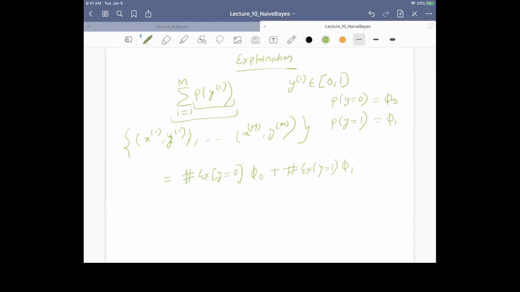Out of this entire data set, suppose m is equal to 100, and the number of instances with label 0 is 60 and the number with label 1 is 40. In this sum, I will have 60 terms that have phi 0 and 40 terms that have phi 1. So I can write this as 60 multiplied by phi 0 plus 40 multiplied by phi 1. Does it make sense? Does it answer your question, Xianxi?